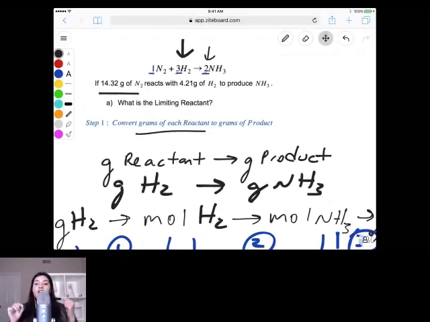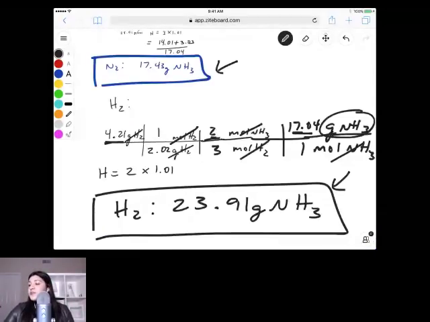Our reactant of nitrogen produced this amount of product, 17.43 grams of NH3. However, hydrogen, H2, our other reactant, produced 23.91 grams of NH3. Which one produced the least? The nitrogen, right? So this one is our limiting. Our limiting reactant is N2.